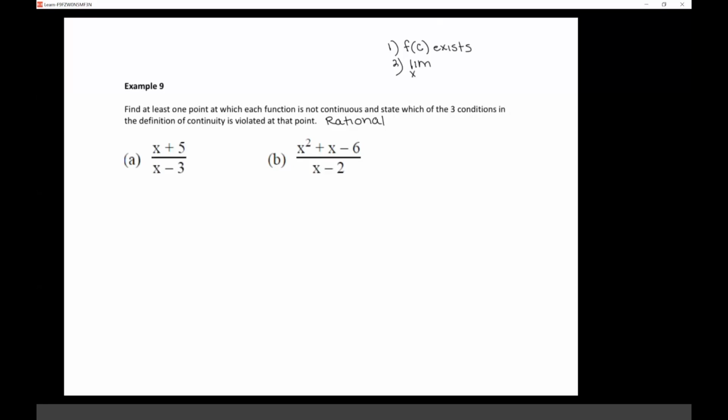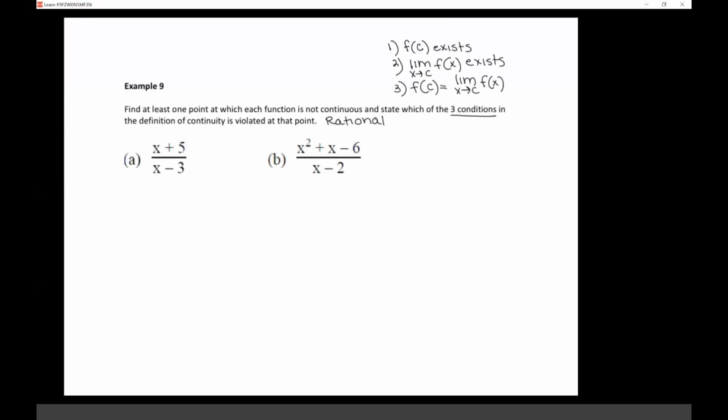The limit as x approaches c of f of x exists. And f of c equals the limit as x approaches c. So these are the 3 conditions of continuity.